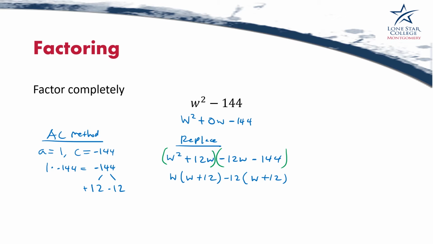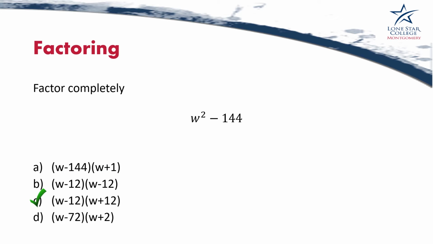So we have w plus 12 in common in the parentheses, and our remaining factor would be w minus 12. So the factored form of w squared minus 144 is w plus 12 and w minus 12, which is answer choice C. Now this is a very specific quadratic equation, which is called a difference of squares.